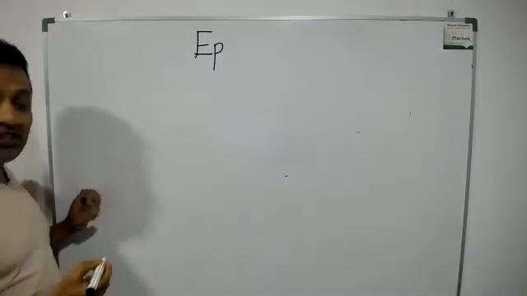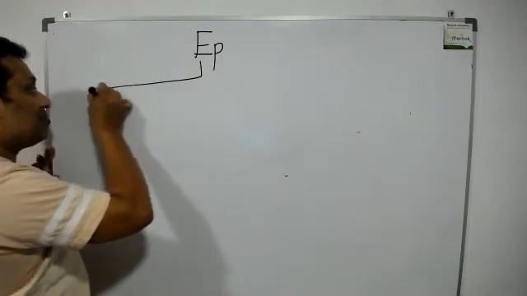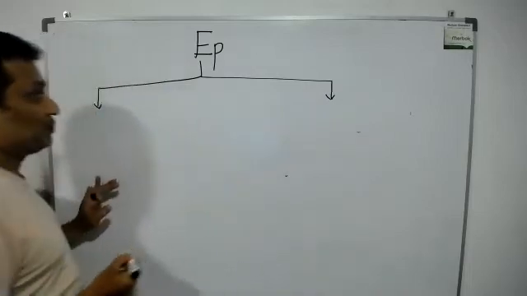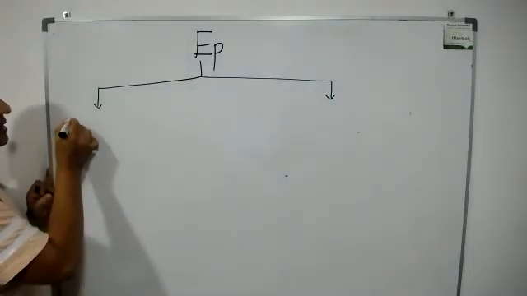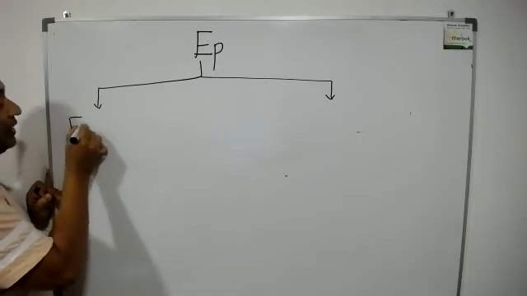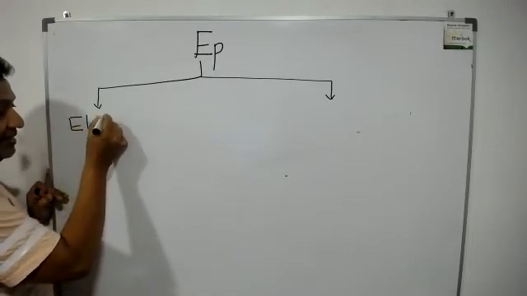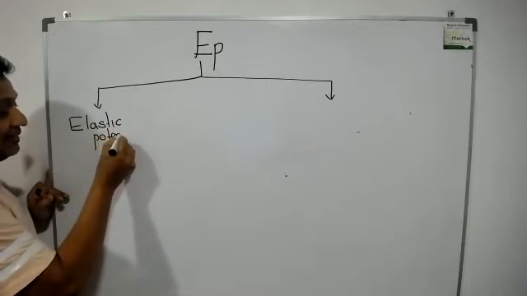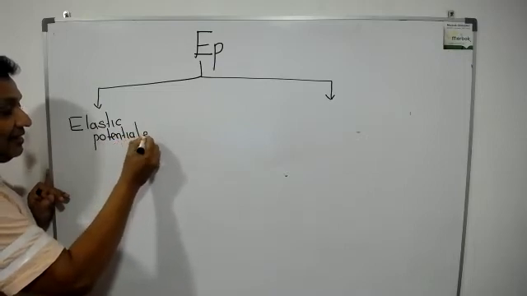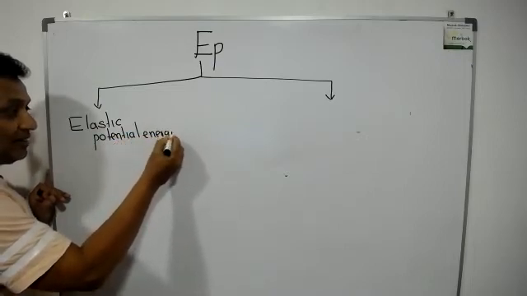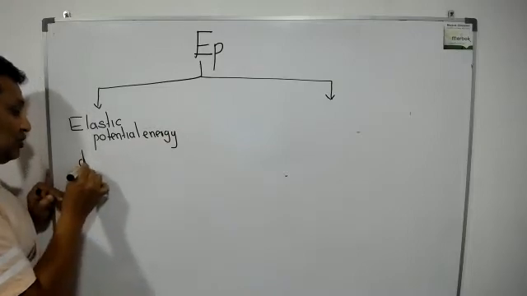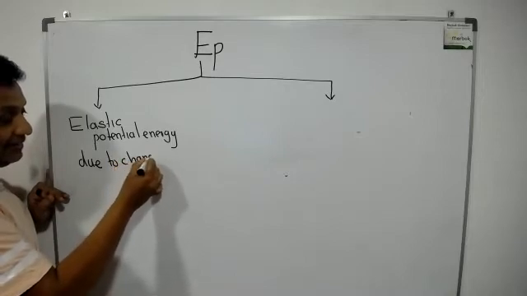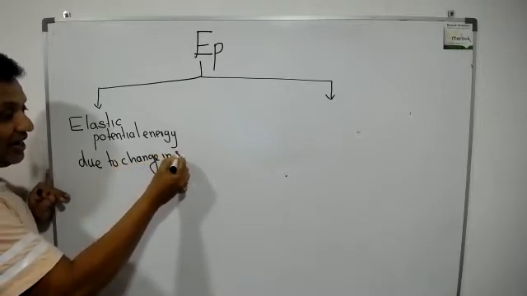EP, potential energy, can be divided into two. One, it is elastic potential energy. In the case of elastic potential energy, it is due to change in shape.